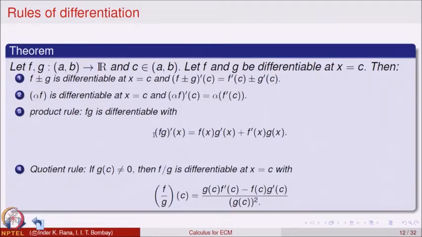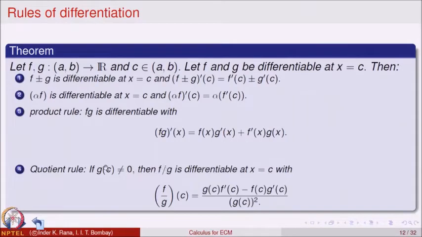For the product fg, if f and g are differentiable, then fg is differentiable, and each one contributes and the contributions are added together. So, what is the contribution of each? g gives you g' with a multiple of f, plus f' with a multiple of g. This is the contribution of both.